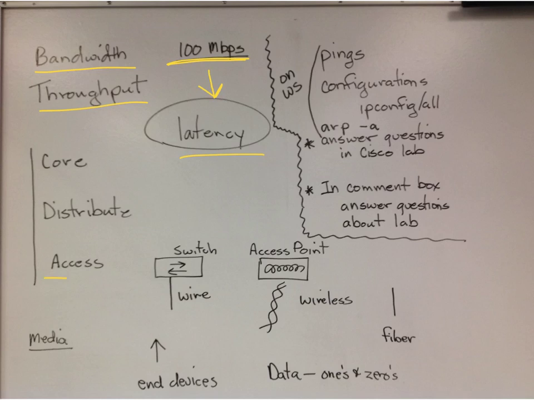The other day we talked about we have access to a network, wireless, fiber. Those would all be some type of media to access the network. Then we have end devices connecting into the network, and what are we sending? We're sending data through the network.